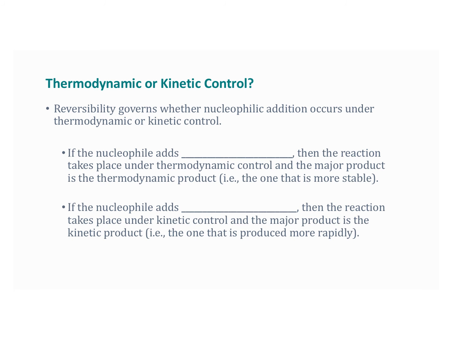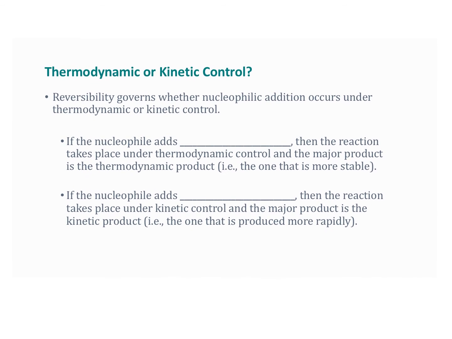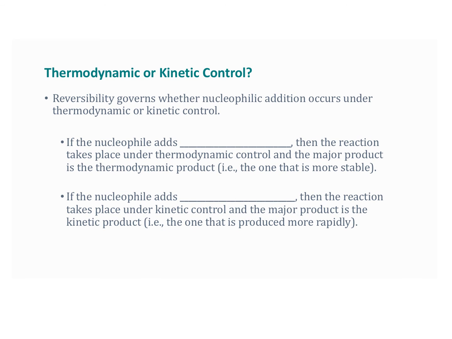Basically, when I say why does it matter, what I mean is why does the regioselectivity involving a 1,2 addition or 1,4 addition depend on whether the nucleophile adds reversibly to the carbonyl carbon? And we've talked about this in chapter 12 with electrophilic addition to conjugated dienes.